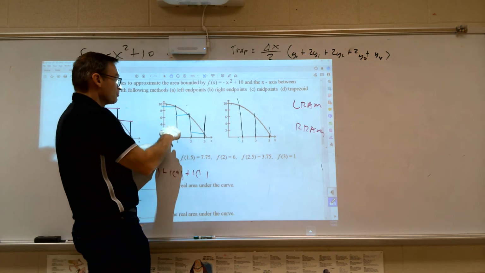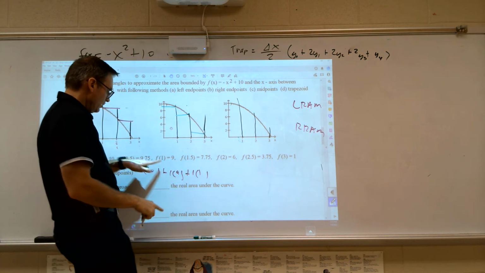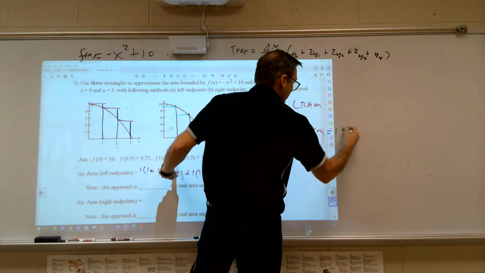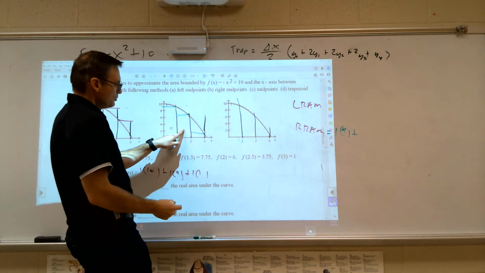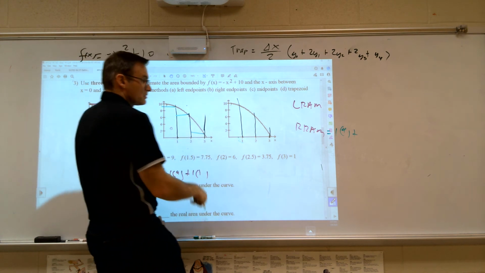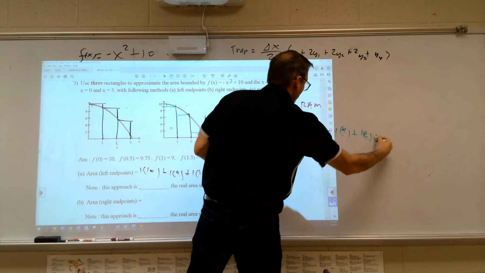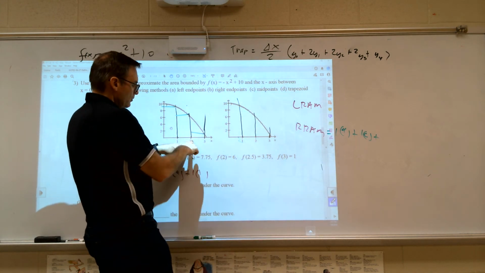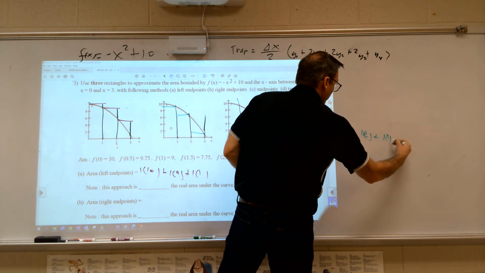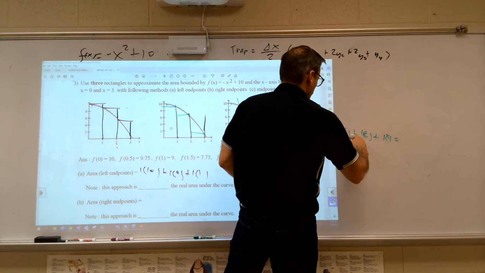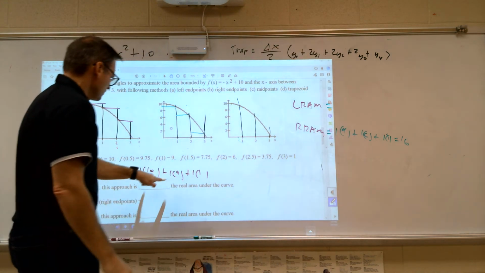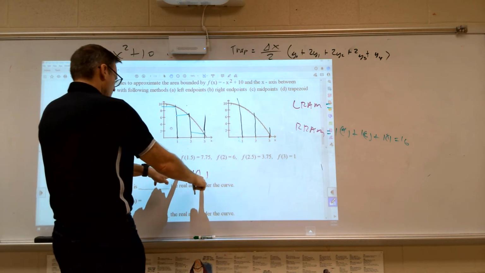I get my height from the right, which is, plug in 1, I get a 9. So that's going to give us 1 times 9. Go through this one, the base is 1, I get my height from the right, so I'm going to plug that in, I get a 6. And the last rectangle, the base of it's 1, I plug in, I get a 1. 15 and 1 is 16. This one, so I should figure that out. 20.